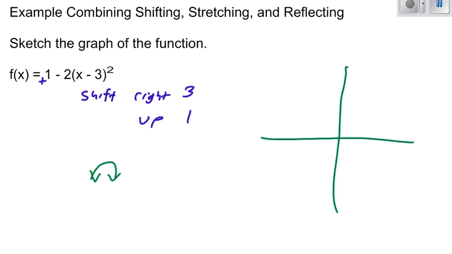So there's a lot of information. We'll just make a sketch of it. It shifts right 3 and up 1. So there's our vertex. It is also going to be upside down. The arrow's pointing down because of the negative. And it's going to be taller, which will make it appear a little bit skinnier by a factor of 2.